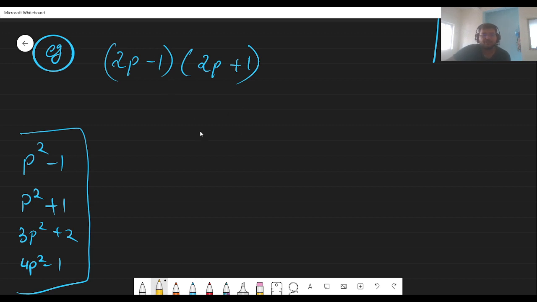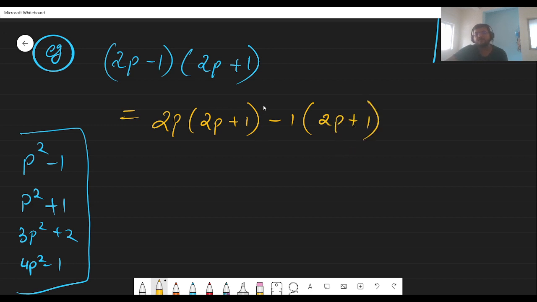When there are two parentheses, one by one we can open them. I can write this as 2p times (2p plus 1) minus 1 times (2p plus 1). Basically I first multiplied 2p with the whole bracket, then multiplied negative 1 with the whole bracket and wrote it separately.